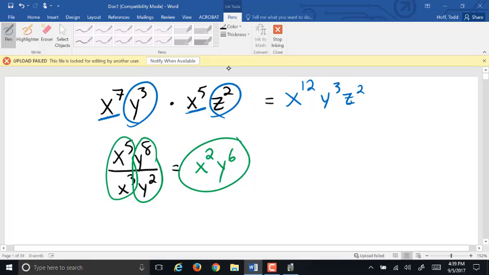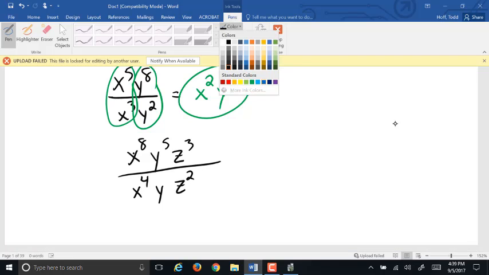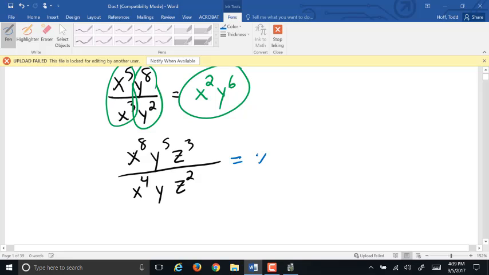Now again, we have to be careful with those powers. We might have x to the eighth, y to the fifth, z to the third divided by x to the fourth, y, z squared. We're going to get x to the fourth.